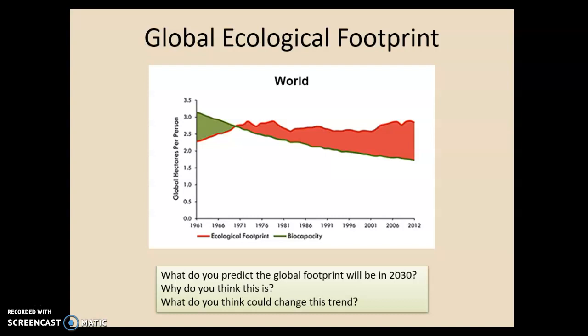So I reckon at the moment, if we look back on this year, we'll probably see a massive dip in the ecological footprint because we're all at home, aren't we? And we're not consuming as many things as we normally do, other than people hoarding toilet paper and food.